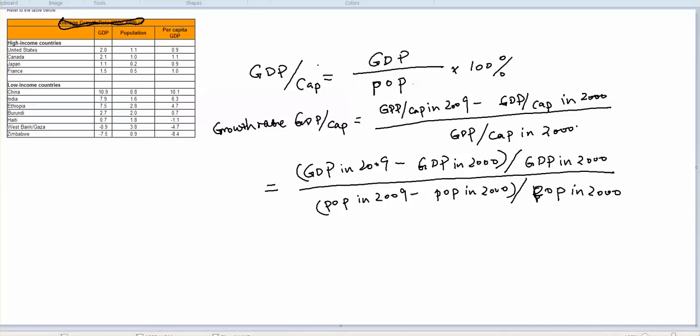So now you can find, wow, this looks so familiar, the numerator and denominator. Yes, you're right. For the numerator, if you look carefully, you will find it's trying to calculate the growth rate of GDP.